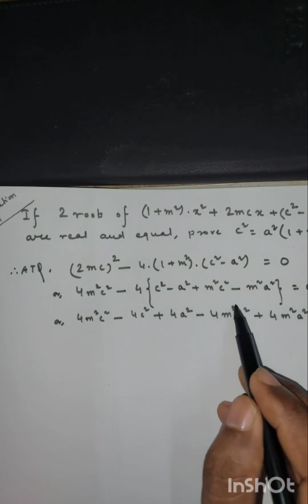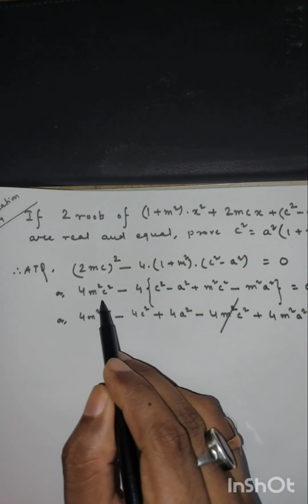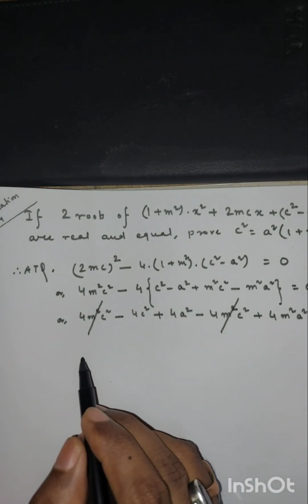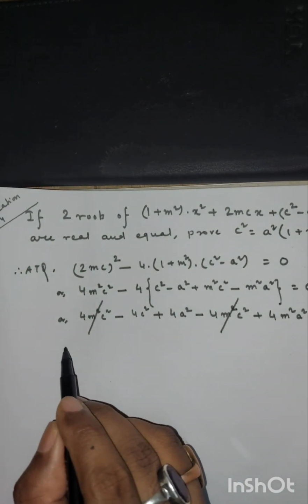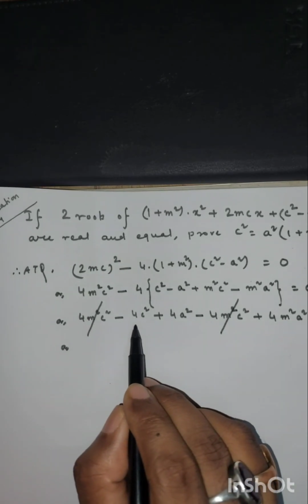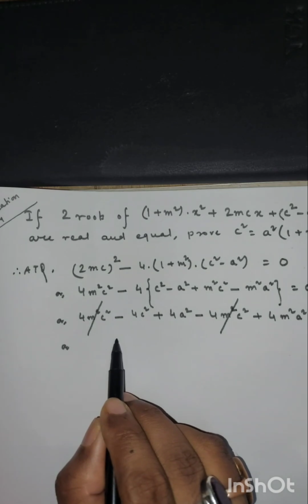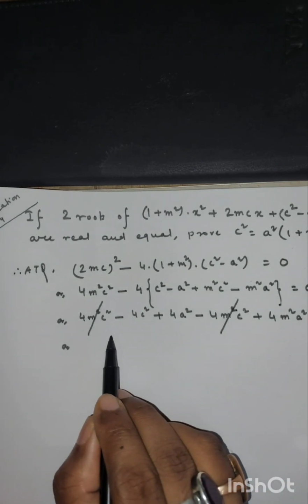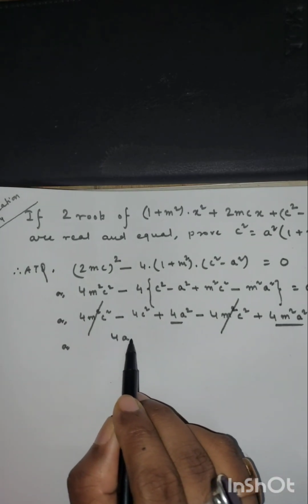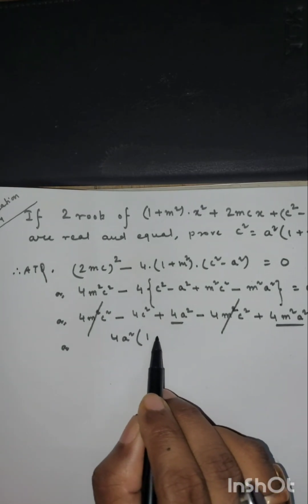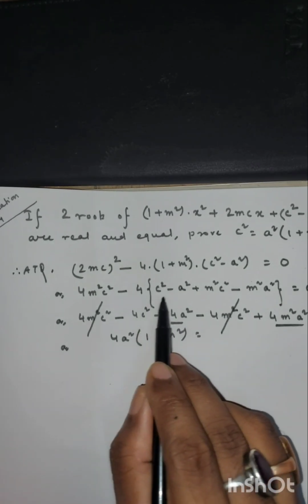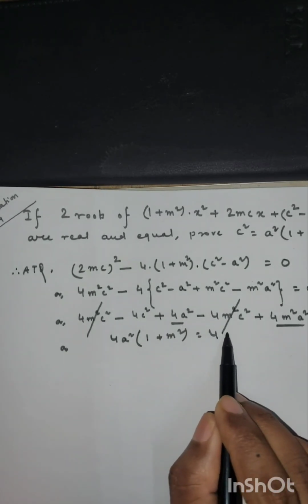So we can cancel minus 4m square c square and plus 4m square c square. Now if we take 4c square to the right side and take 4a square common from these two quantities, we get 1 plus m square, and when this is taken to the right side it is 4c square.